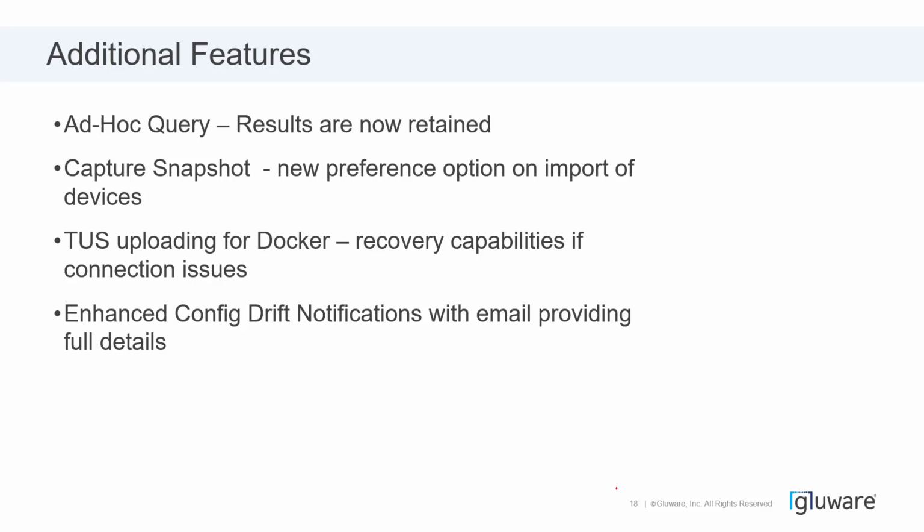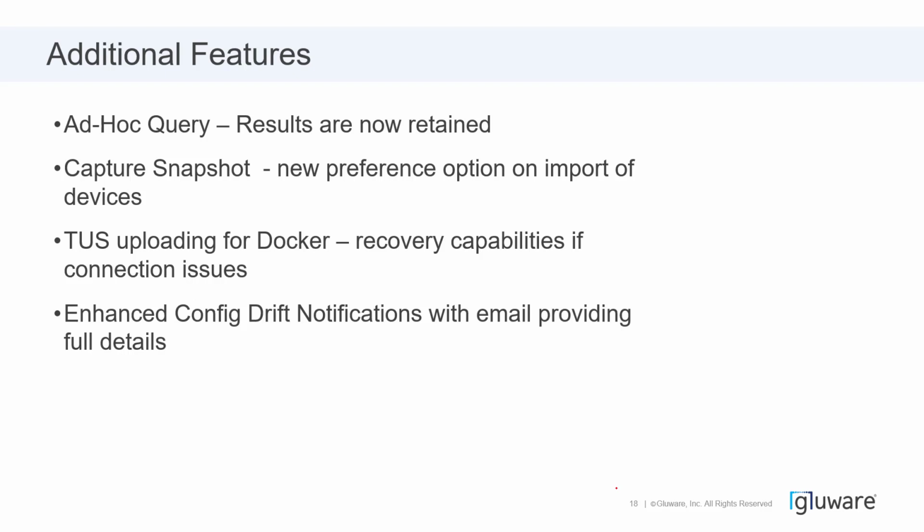In some of our capabilities around syslog and file server and others, we're leveraging containerization, and we've improved our infrastructure for better recovery capabilities related to connection issues when we're managing and maintaining those Docker images. And the last bullet is around config drift notifications: when you're generating an email notification, you can get the full details, not just a link to navigate into Gluware, but full details around what drift occurred.